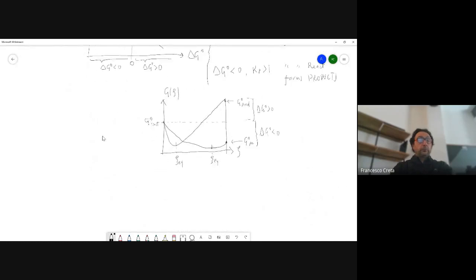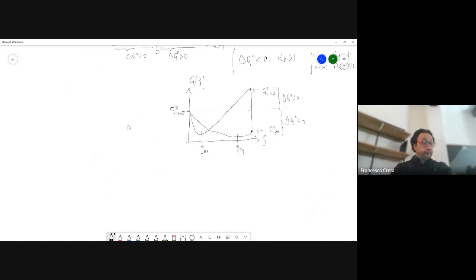Let's see what the meaning of it is. In general, we know that we can express for each species the number of moles as the initial number of moles plus the difference in stoichiometric coefficients, clearly for one reaction, times psi. And the total number of moles of all the species is just a summation of Ni.